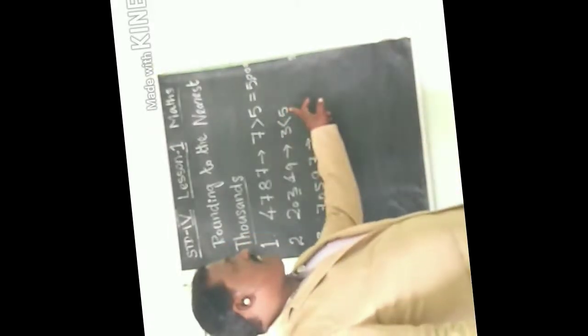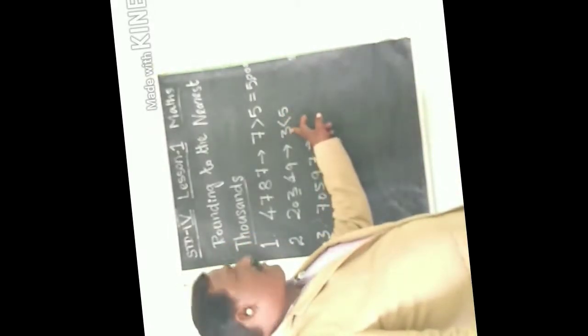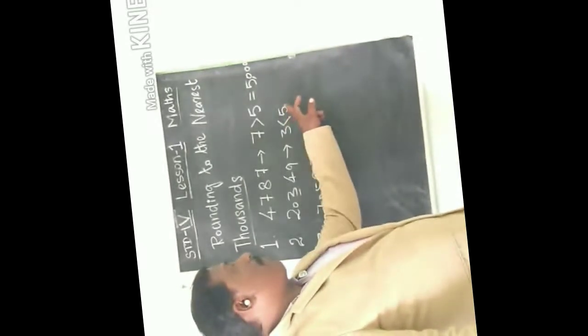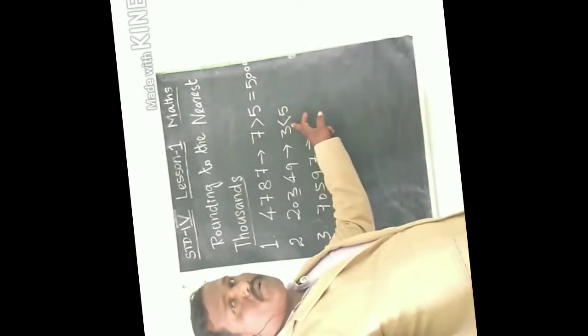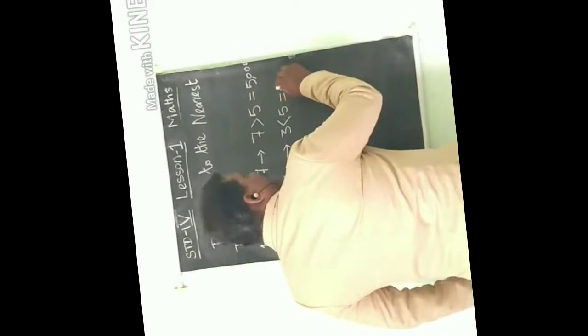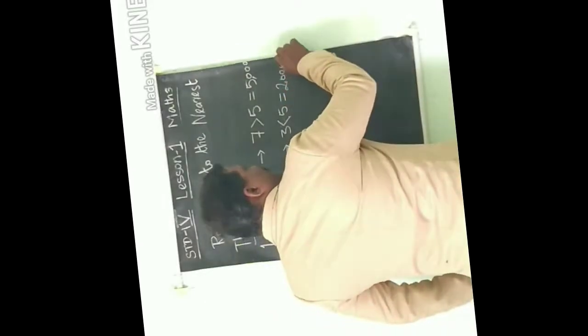If I put less than, is it right? Yes, because 5 is greater than 3. So I put less than. If it is below 5, what is the rounded number? You have to take the smaller rounding number. So 2,000 is the rounded number.